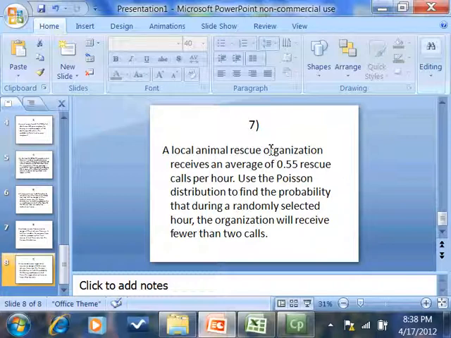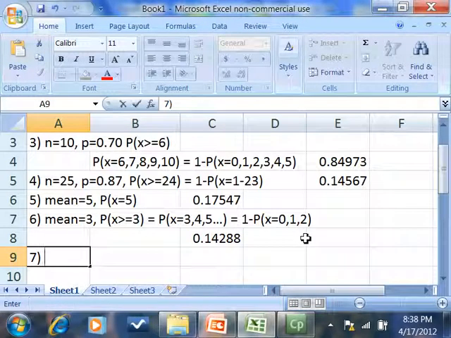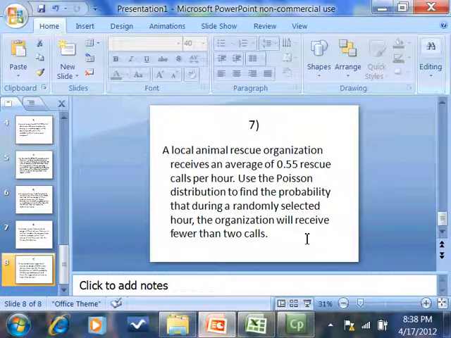Okay. A local animal rescue organization receives an average of 0.55 rescues per hour. Use a Poisson distribution to find the probability that during a randomly selected hour the organization will receive fewer than 2 calls. Well, again, it's Poisson. I didn't say it, but I saw the Poisson.